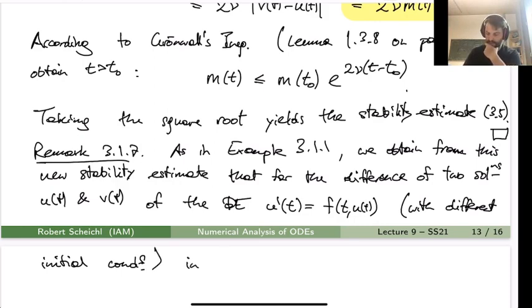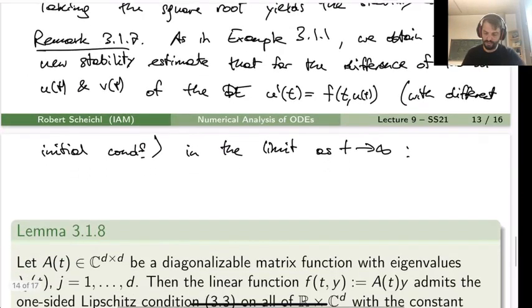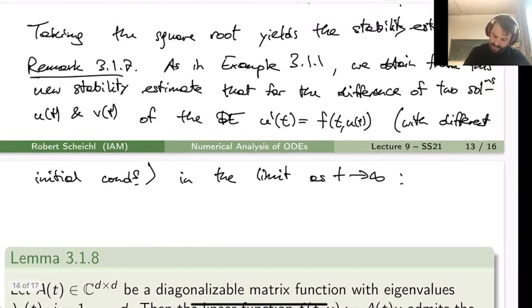in the limit as t goes to infinity, we obtain for nu less than 0.